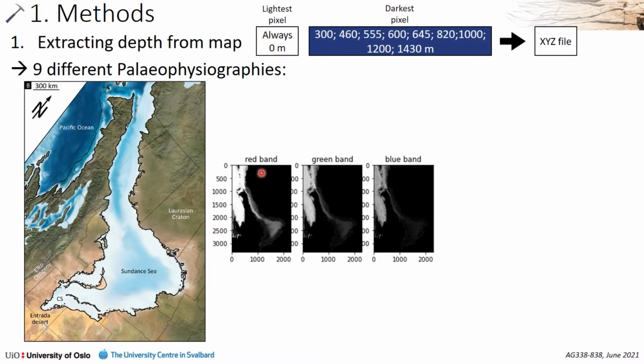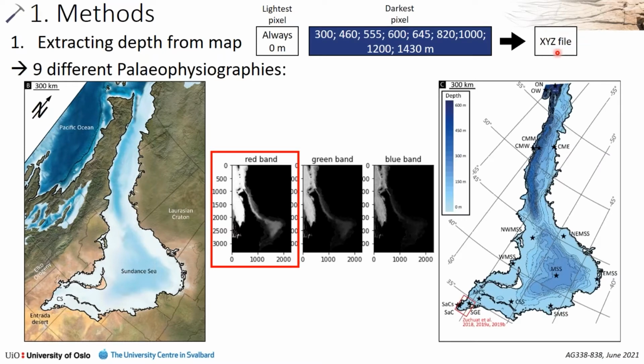The pixel which is the whitest on this map was always 0, so the coastline was always 0, and then we varied the darkest pixel on this map, which is around here, and we generated 9 different synthetic physiographies. Then we had this file and we generated these depths in the software.